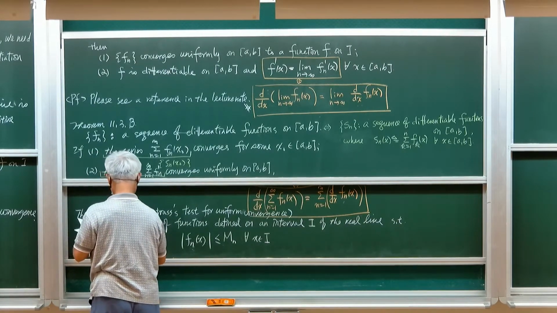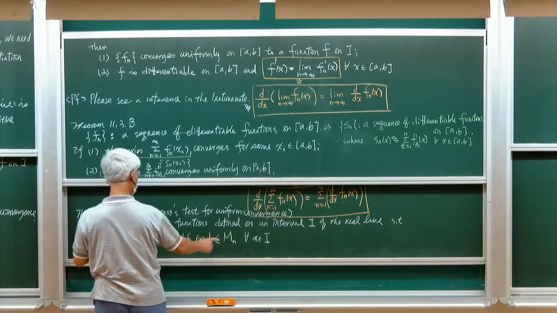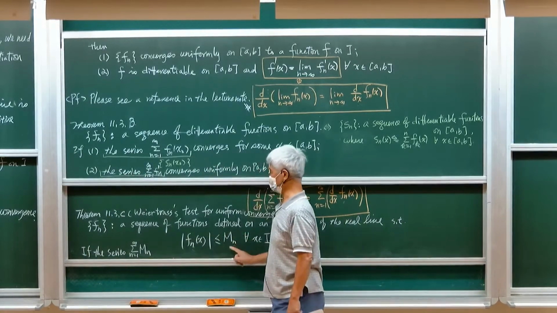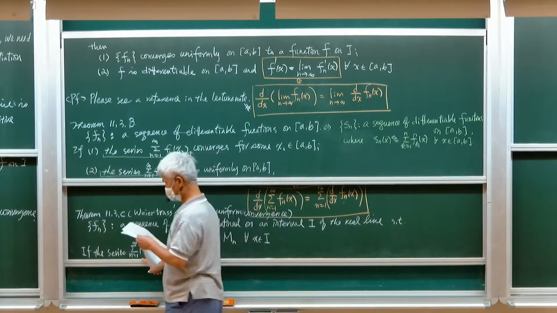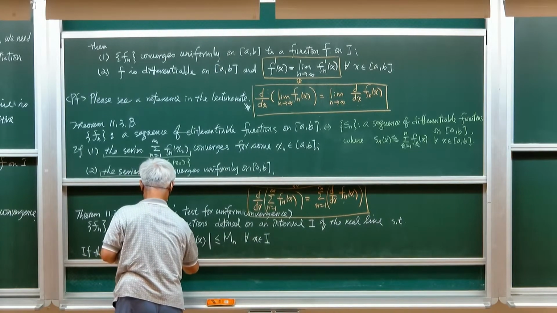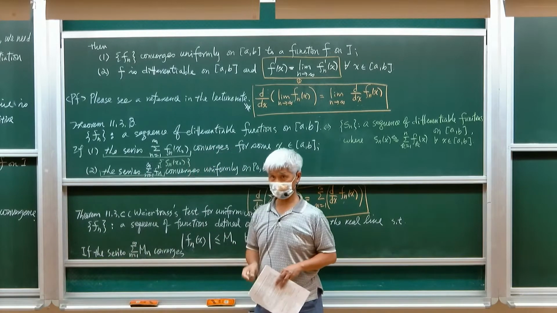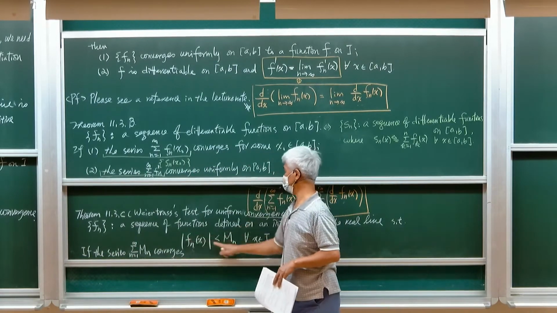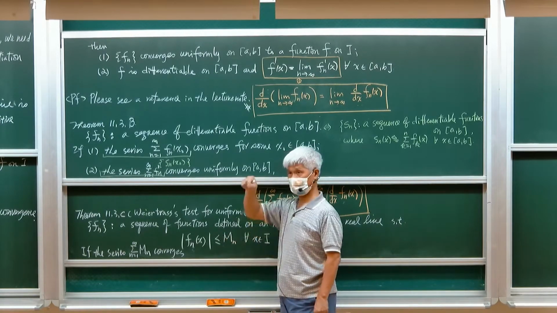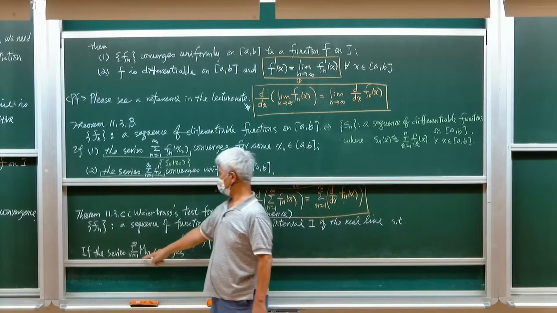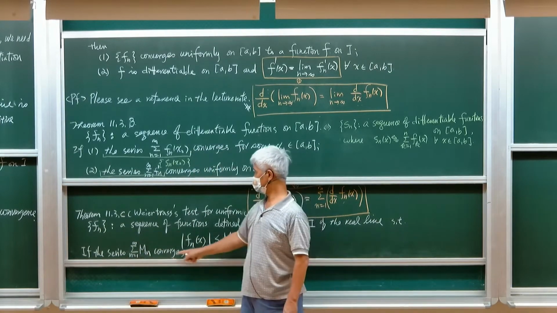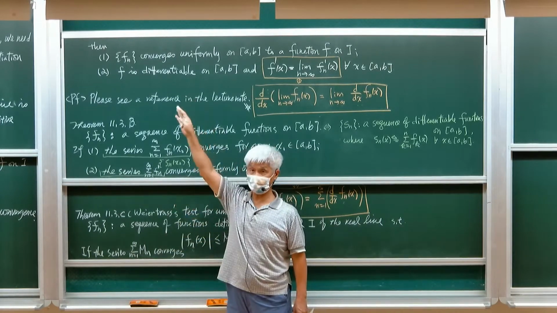summation m sub n from 1 to infinity. So if we form a series for the upper bound, if the series converges, it means that the series sum is finite. Because m sub n should be non-negative, so they are non-negative numbers. And the series sum of non-negative numbers either converges to a finite number or diverges to infinity.